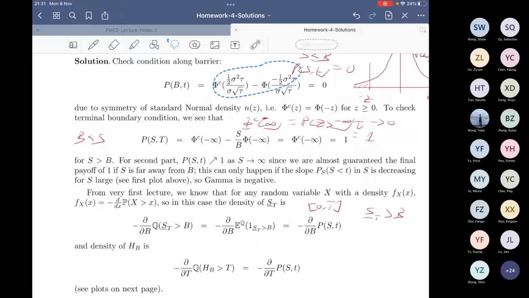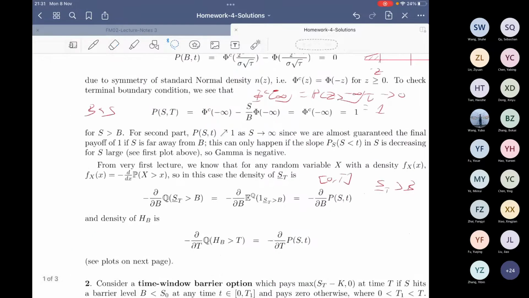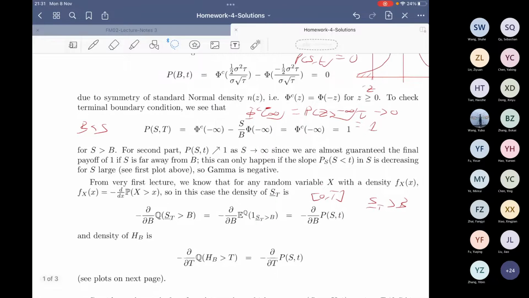I mean, our general formula here rather. So if you go away and actually differentiate this formula with respect to b and then multiply by -1, what you will get is the density of HB, which is the time it takes the stock price to hit the barrier b. So let me draw that again.